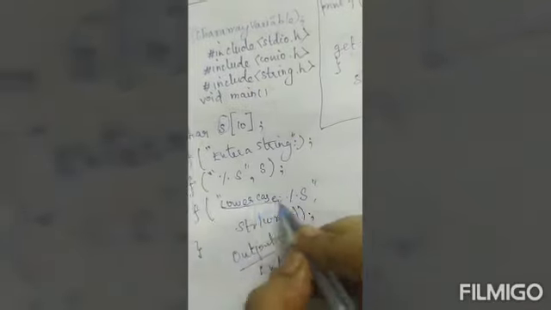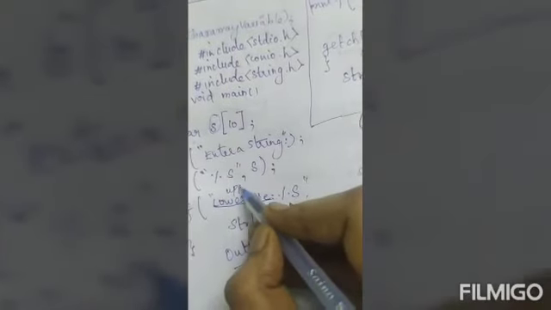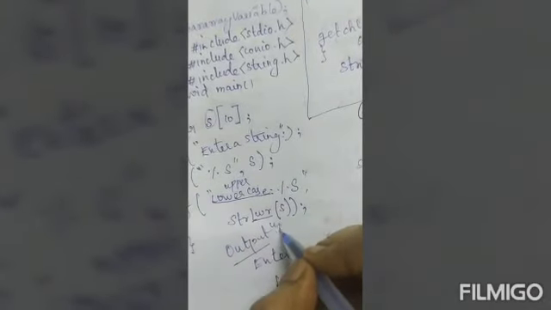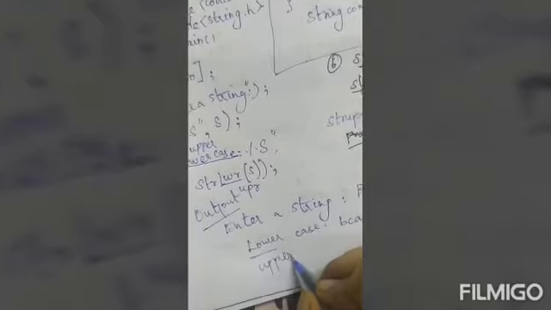The only difference is you change this lowercase word into uppercase and this strlwr to strupr, and here also it will be changed to uppercase. Your input should not be in this way, it will be changed. Here it comes bca and it will be changed to uppercase BCA. So this is the basic example for string lower and string upper.